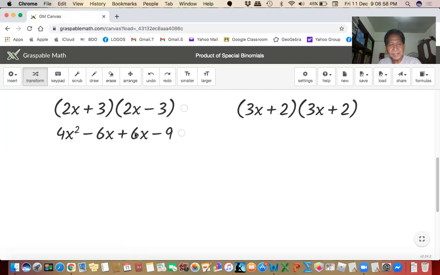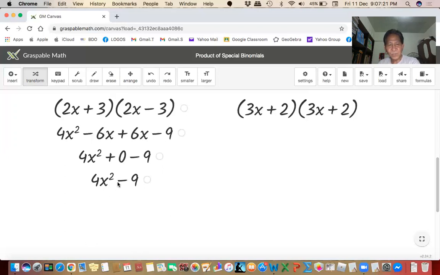Now, as you can see, the two middle terms are exactly the same, except for the sign. So they are like terms, and we can combine them. Let's do that. All right, see what happened. Now, there's an intermediate step here, which is hidden. So when you add negative 6x and 6x, you get a 0, and you can get rid of the 0.